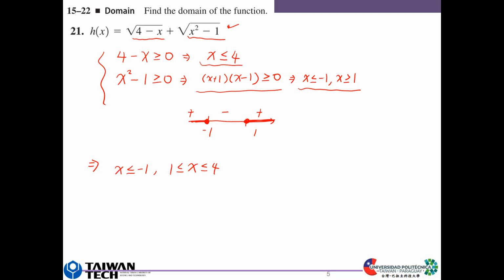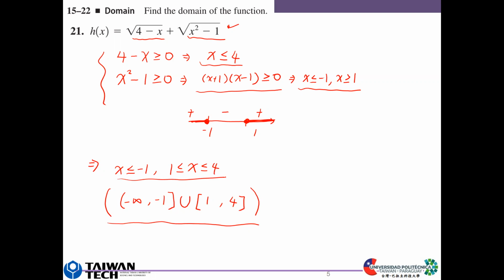So this is the answer, or we can write in brackets: (minus infinity, minus 1], where minus 1 is included, so we use a bracket, in union with [1, 4]. Okay, so this is our answer. This is the domain of this function.